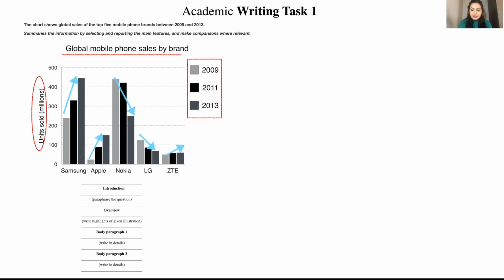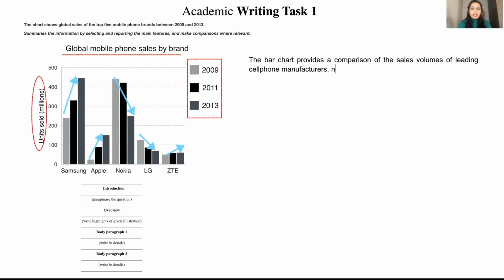Let's get started. I will write: the bar chart provides a comparison of the sales volume. You can use sales volume here, of leading cell phone. I would use cell phone here instead of mobile phone.